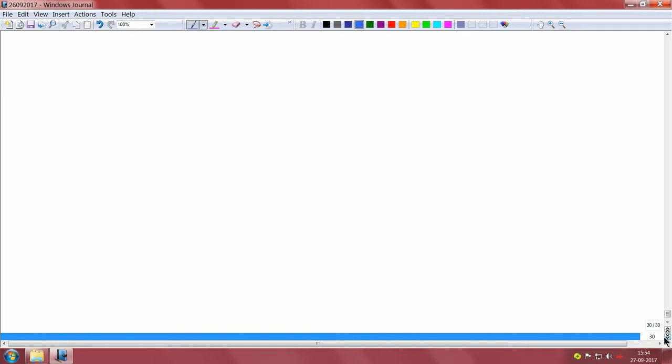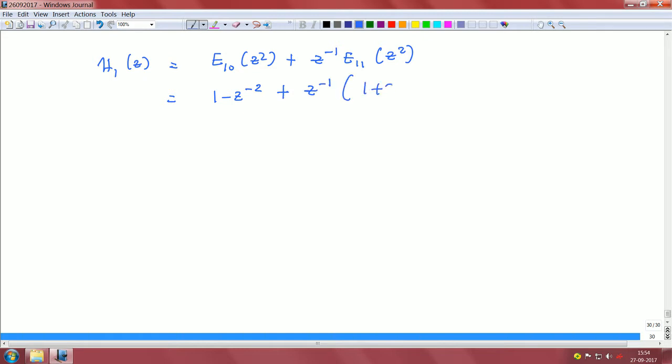Similarly, we have h1 of z, which is E10 z square plus z power minus 1 E11 of z square, which is 1 minus z power minus 2 plus z power minus 1 times 1 plus z power minus 2, which is equal to 1 plus z power minus 1 minus z power minus 2 plus z power minus 3.